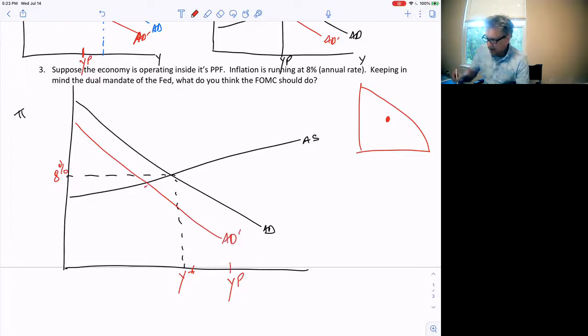The only problem is it's going to make the economy worse as far as GDP goes. We're inside the PPF, we've got a recession. Now it's going to make the recession worse. It's going to make unemployment worse. So they may not want to do that.